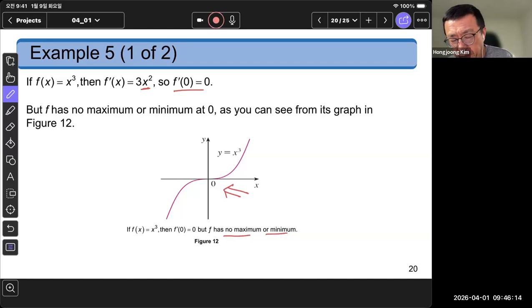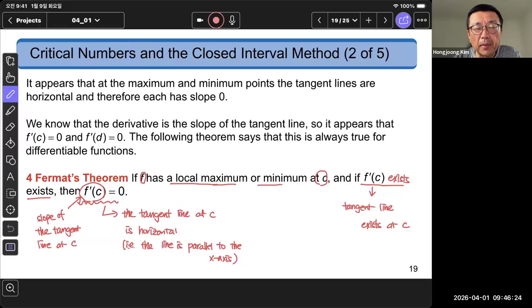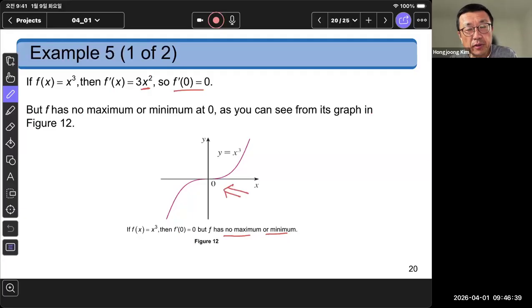Okay, so what does that mean? We just observed one theorem called Fermat's theorem, which says if your function has a local minimum or local maximum, and if you can find the tangent line, it must be horizontal. That was the claim made in Fermat's theorem. Now, this example shows that the converse may not be true, right?